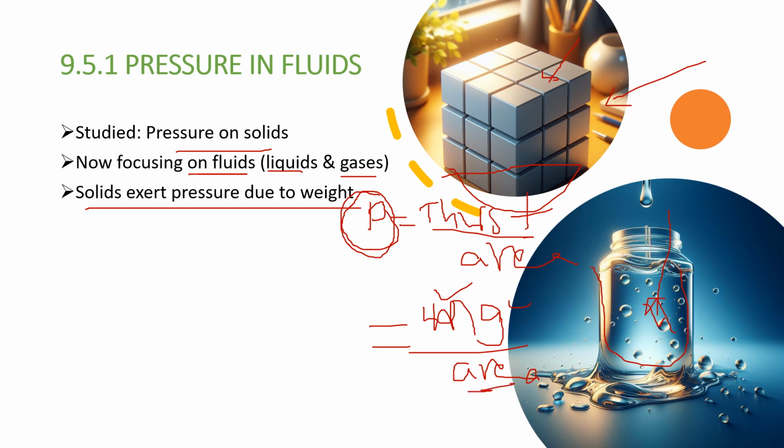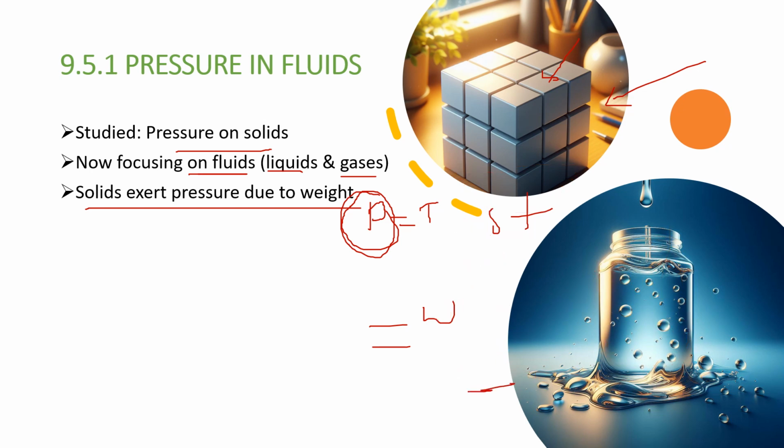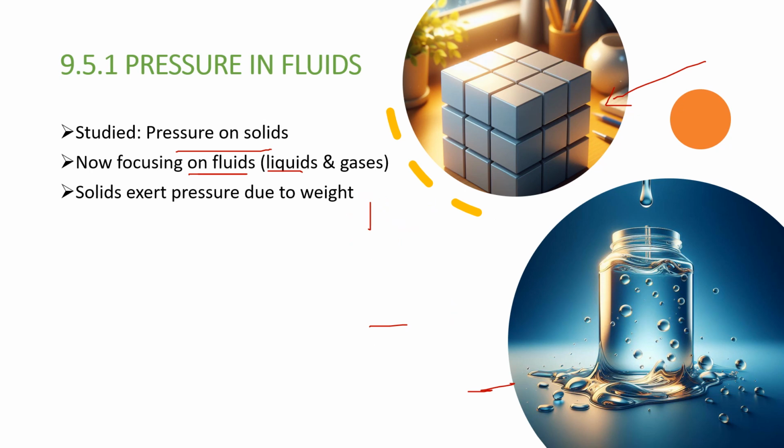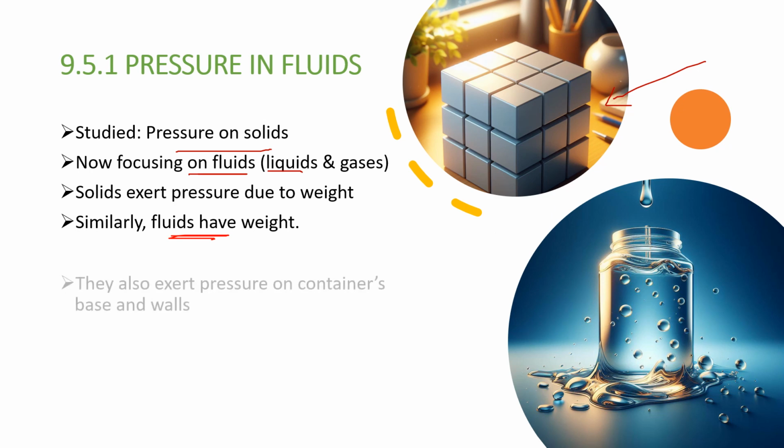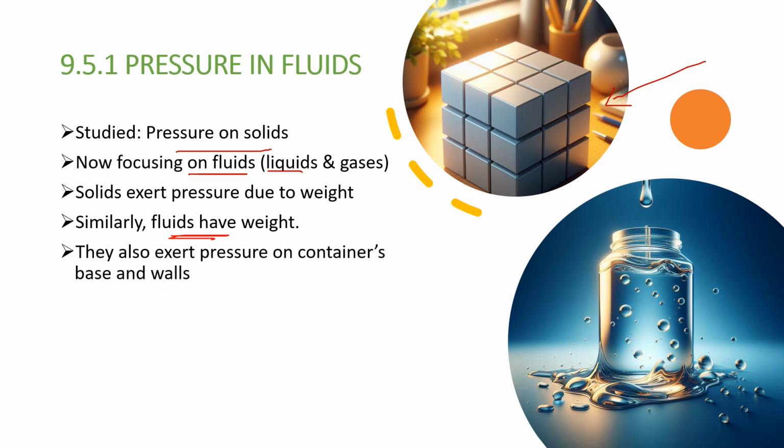Let's see what the scenario is with respect to fluids, maybe water or air. Similarly, fluids also have weight, right? So they also exert pressure because they have weight, and they exert pressure on a container's base and walls. Look at it, this exerts pressure on the container base, as well as on the container's walls.